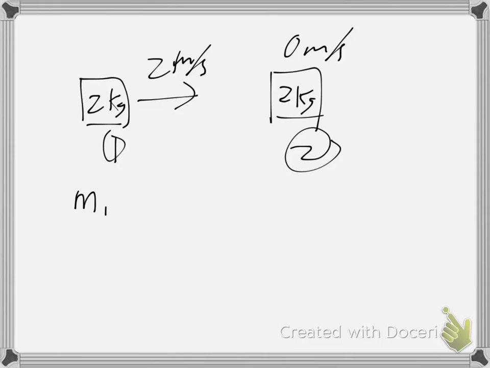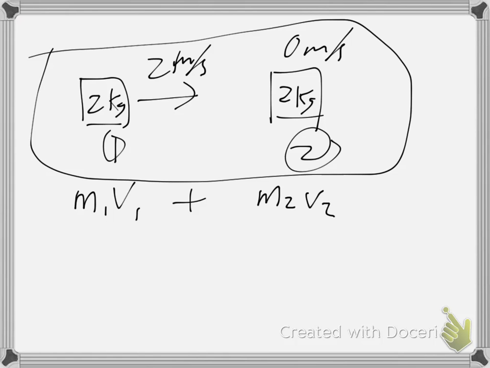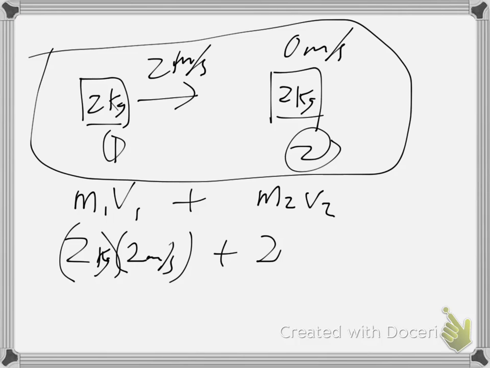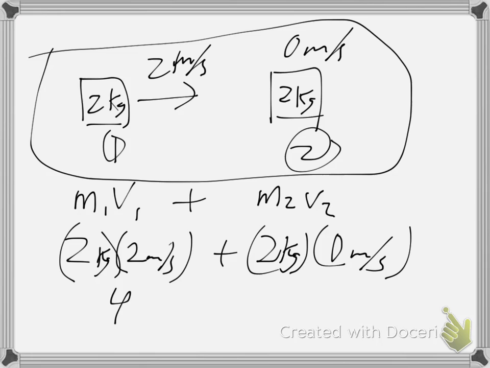So this will be mass 1 times velocity 1, and this will be mass 2 times velocity 2. If you add these two up, being that these two boxes are the only boxes in the system, the total momentum of the system would be 2 kilograms times 2 meters per second plus 2 kilograms times 0 meters per second, which is 4 plus 0, which is equal to 4.